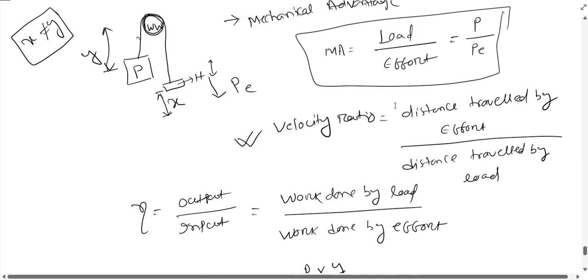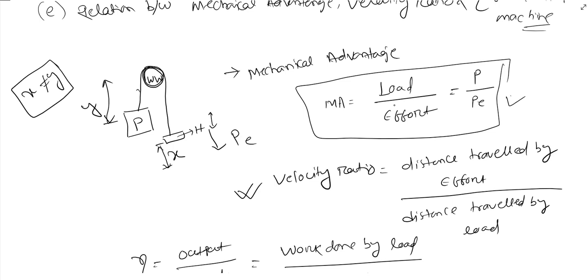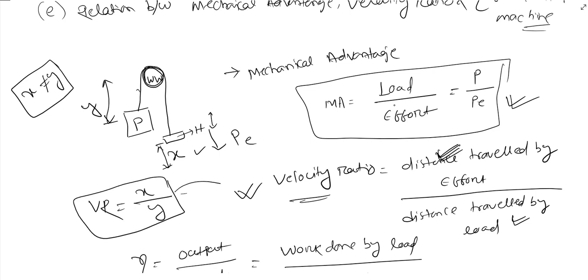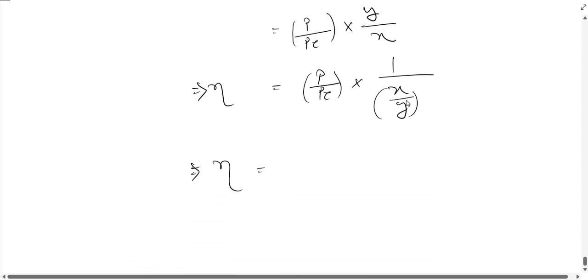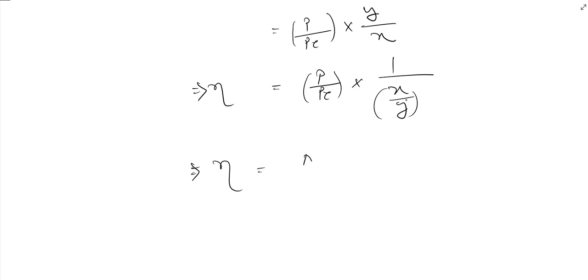See the formula. P by PE is the mechanical advantage, and velocity ratio VR equals distance traveled by effort, which is x, by distance traveled by load, which is y. So x by y is our velocity ratio. So P by PE by x by y means mechanical advantage by velocity ratio.